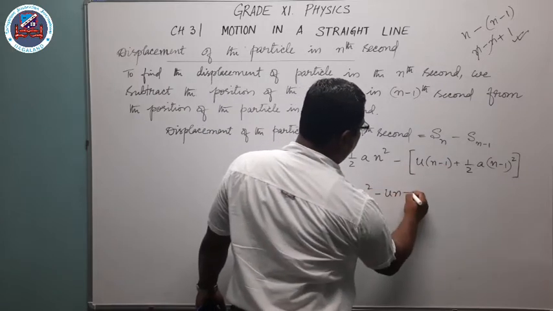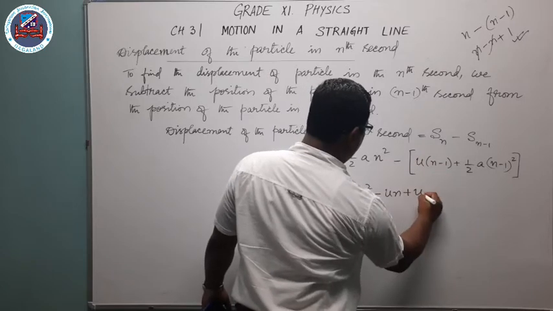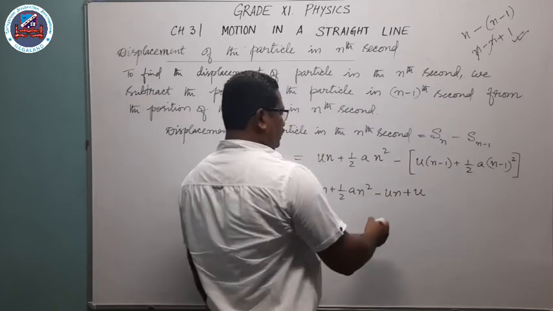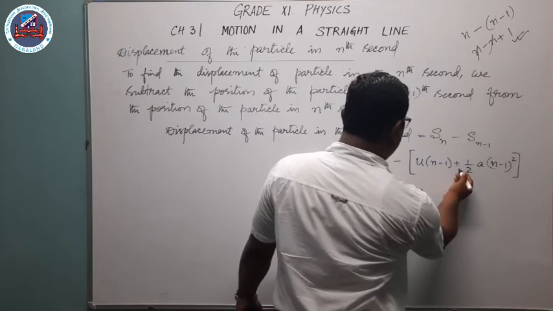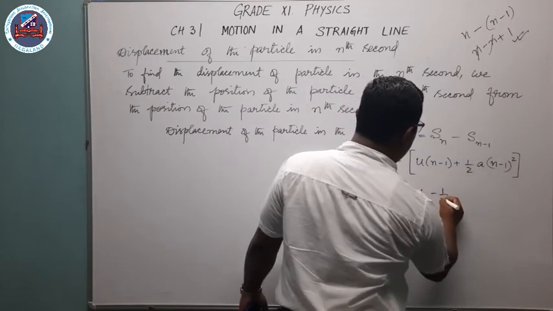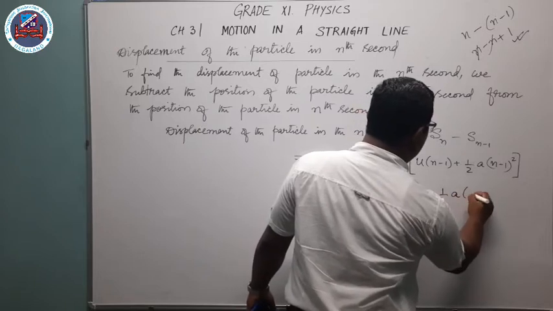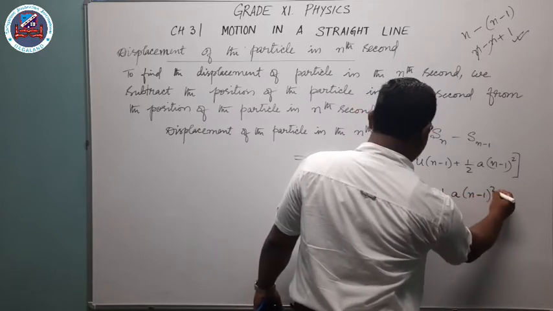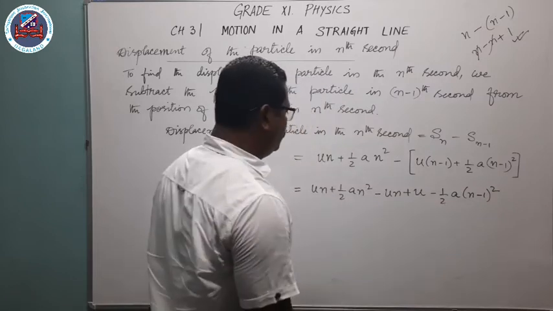Minus into minus will be plus, u into 1 will be u. Then here you have plus, minus into plus is minus, half of a (n minus 1) square. Like this, you write down first.